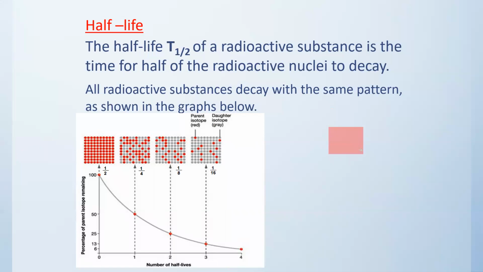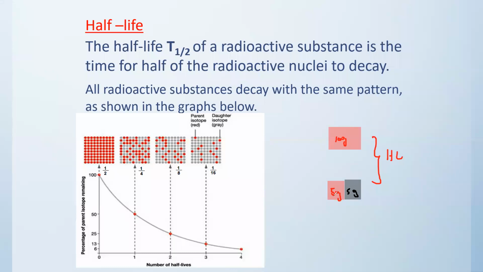So in the beginning, if we have 100 gram of a radioactive sample, after the half-life, 50 gram of the sample will be stable and 50 gram of the sample will be unstable. The total amount will remain 100, but 50 gram will be unstable and 50 gram will be stable.